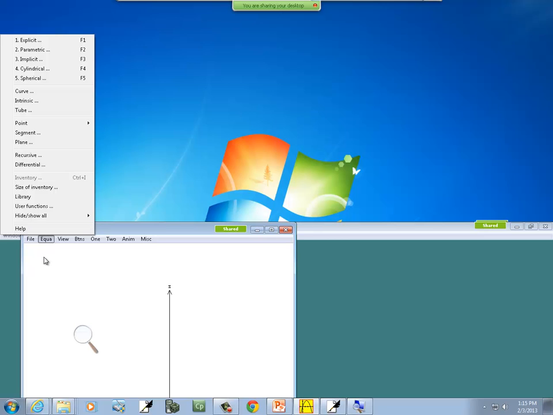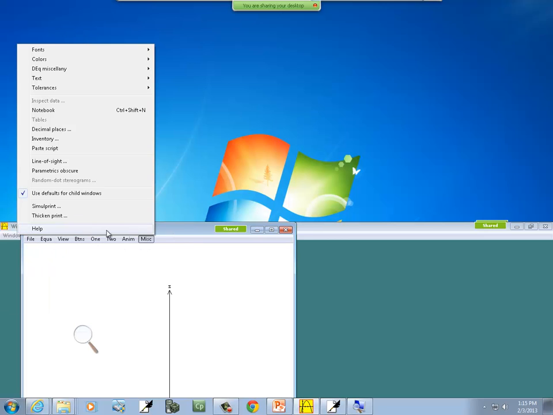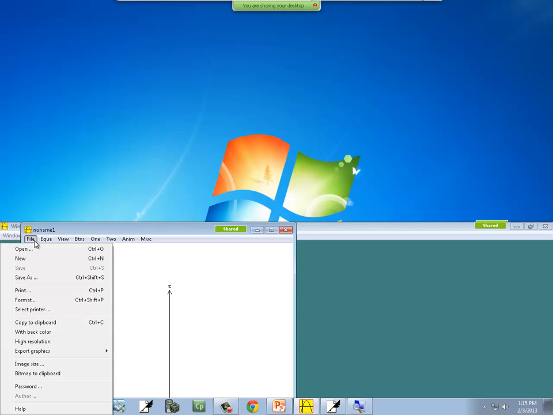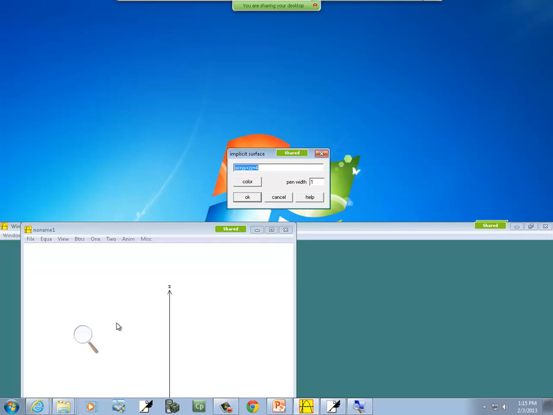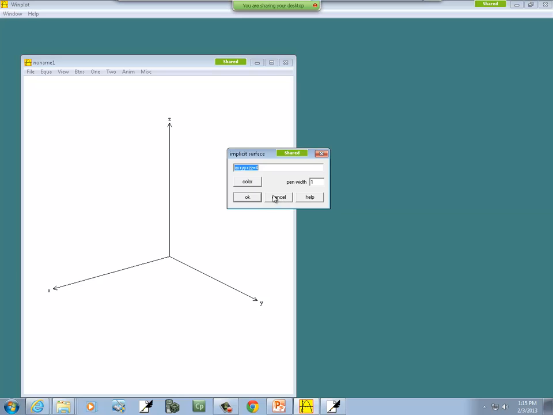And of course it's popping up with the menu down there, which I don't want, but now choose equation, and you see there's different ones here, parametric, implicit. I'm gonna choose implicit. That's just not gonna work. I just don't got enough screen space for that. Well, ignore that. I'll just have to describe to you then.